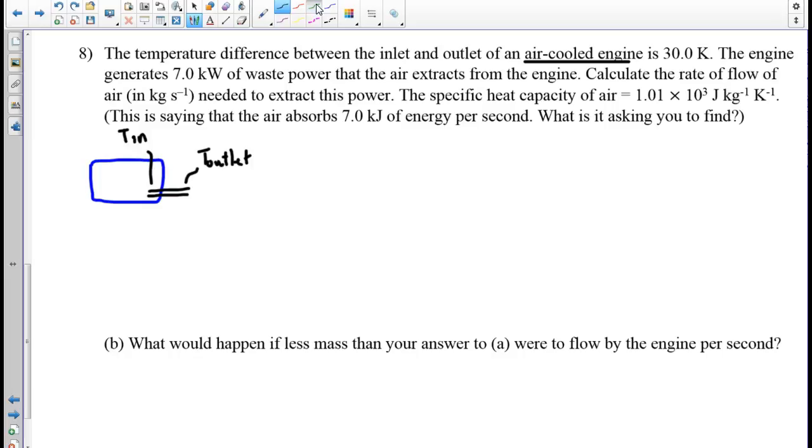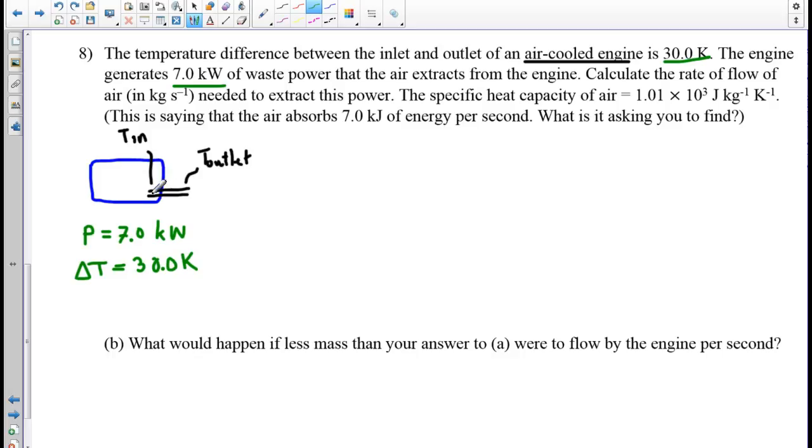The engine generates 7 kilowatts of waste power. Alright, that's power, 7.0 kilowatts. They also said the delta T, the temperature difference, is 30 K. So power, delta T, heat is being taken away by air, so the air absorbs heat. This makes sense.